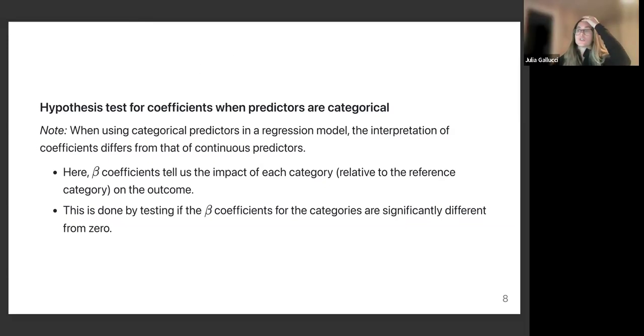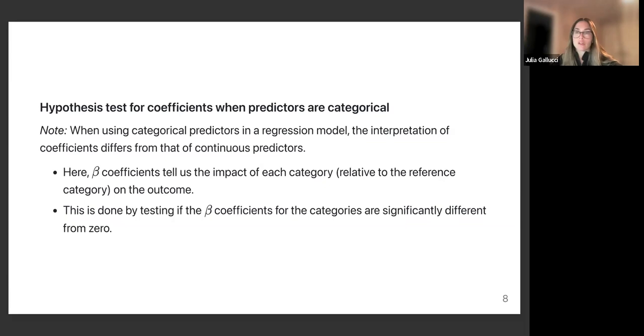Okay. So when we include categorical variables as predictors in a regression model, interpreting the beta coefficients requires a slightly different approach compared to continuous variables. Just to get everyone on the same page, we talked a bit about this in prior sessions, but categorical variables are variables with distinct groupings or categories.